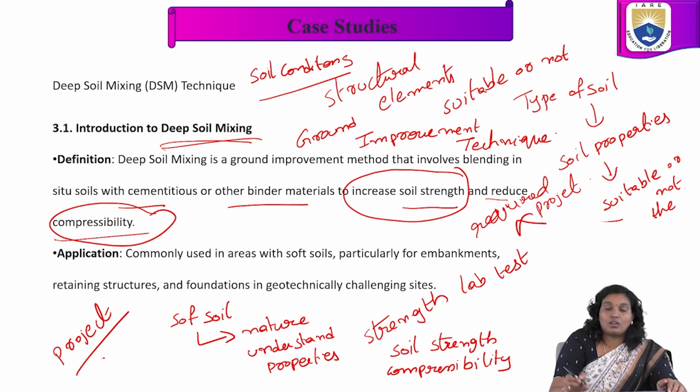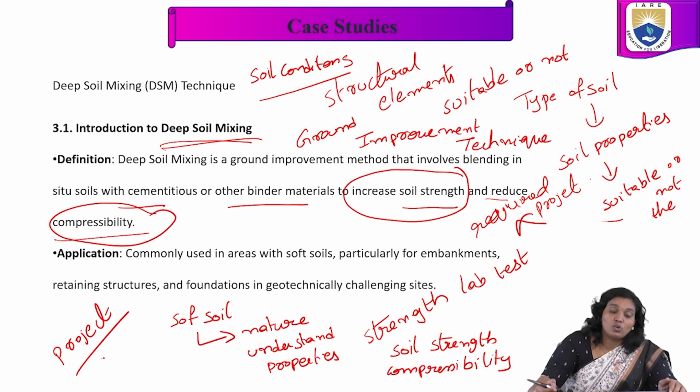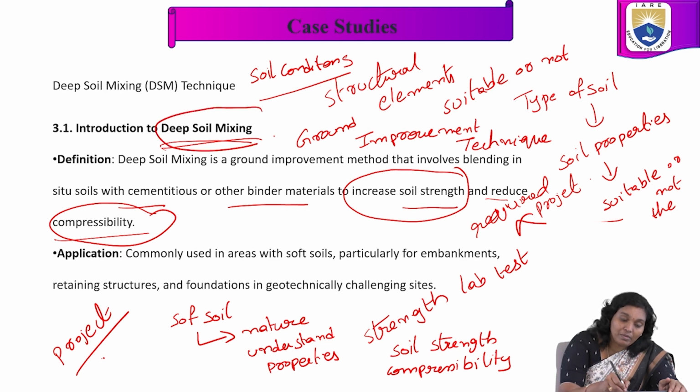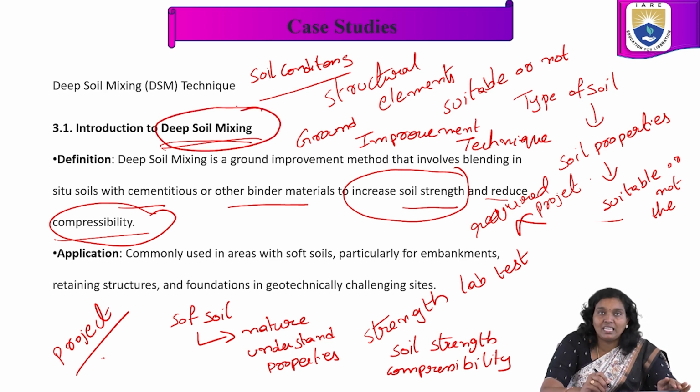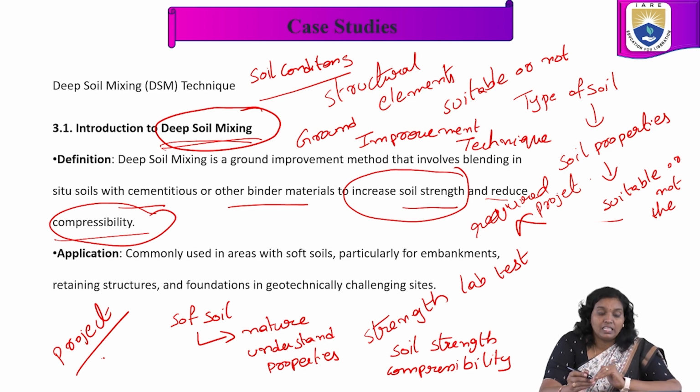One such technique is deep soil mixing. Once we choose it, it increases the soil strength and also reduces the compressibility. These are the parameters involved in deep soil mixing.